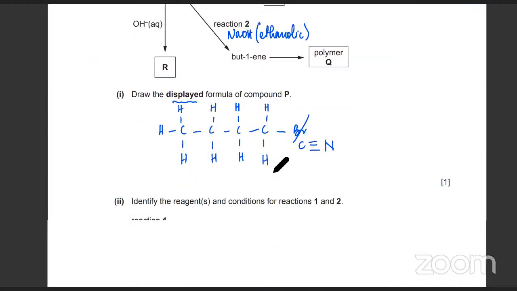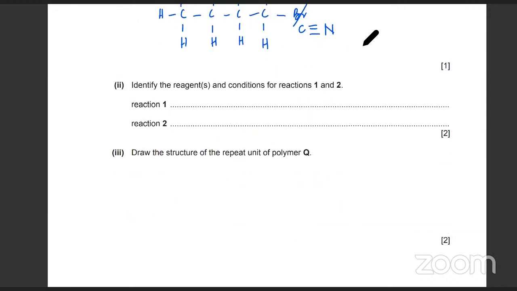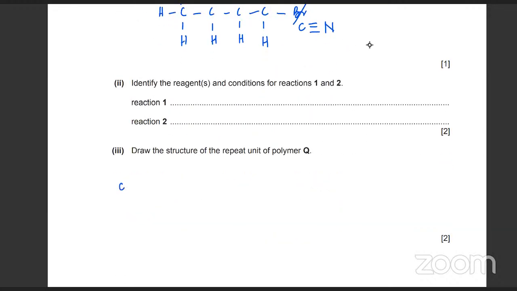And the last one is, he didn't ask for that. Draw the structure of the repeat unit of polymer of Q. So butene is turning into a polymer Q. So I'm going to draw butene. Butene has a double bond on the first carbon atom, and you have these hydrogens. I just don't have time to draw the hydrogens, so that's butene. And you need to make a polymer out of it.